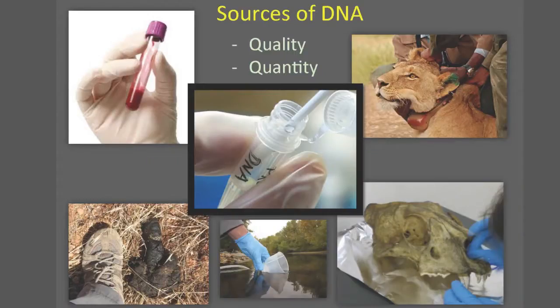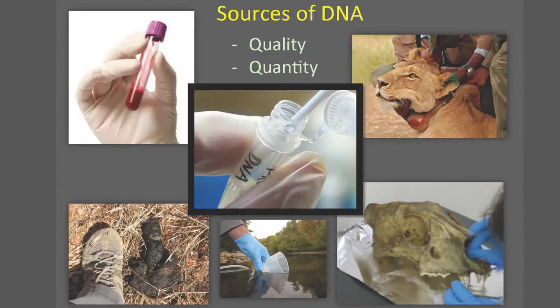Another source would be, for instance, using natural history collections. We sampled quite a lot of lion skulls. We took small fragments from the nose, the bone in the nasal cavity, which can also yield you DNA.